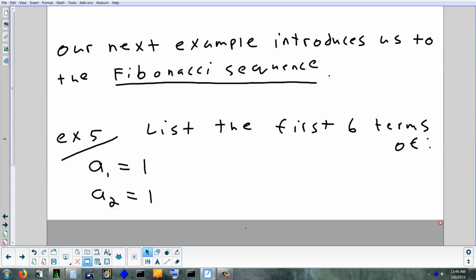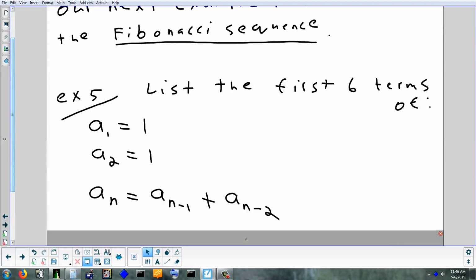The Fibonacci sequence is a recursive sequence that uses the 2 previous terms. So this is how you get the nth term. Now, if I showed that to someone in Algebra 1, they'd have no idea what all this means. But it's actually not that complicated of a pattern.